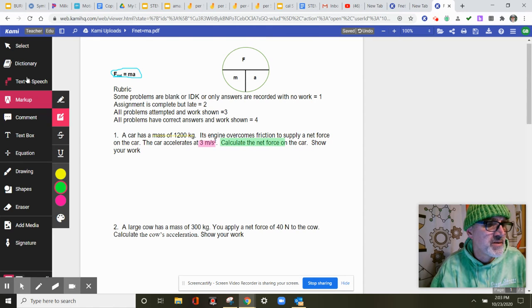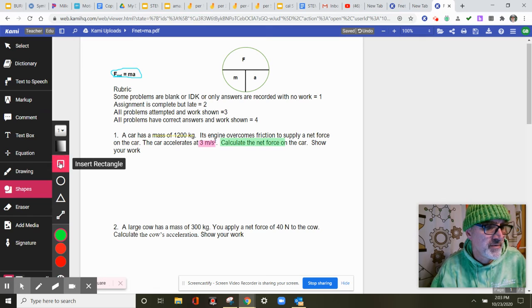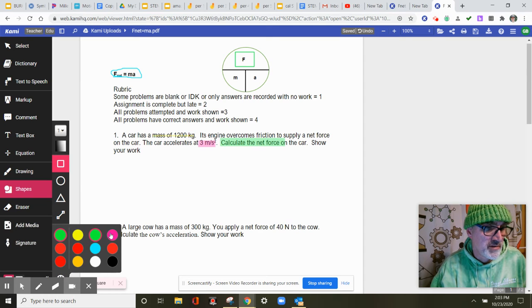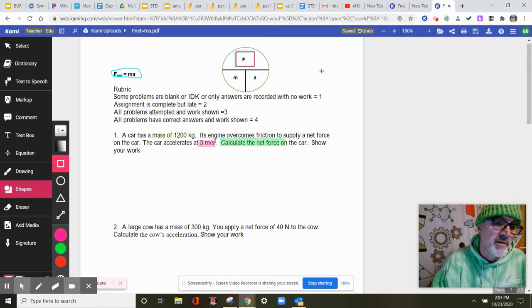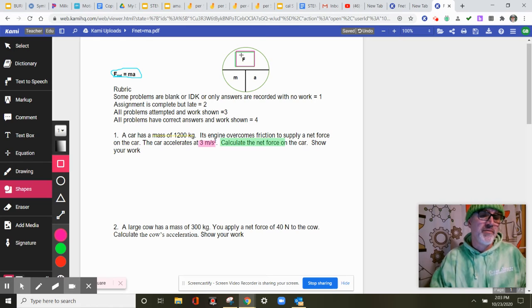So what we do is we go get ourselves a shape and change the color of that. All right, so force is what we want. Then we're multiplying mass times acceleration.